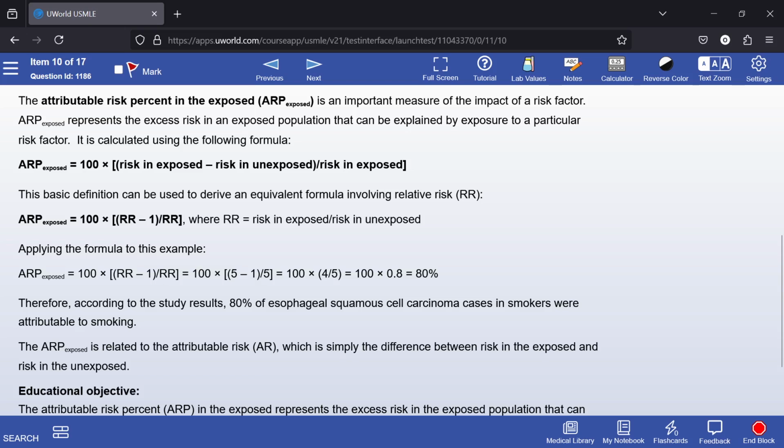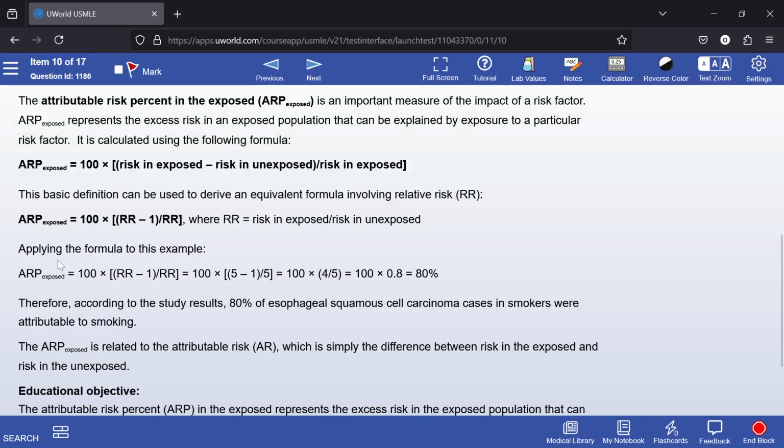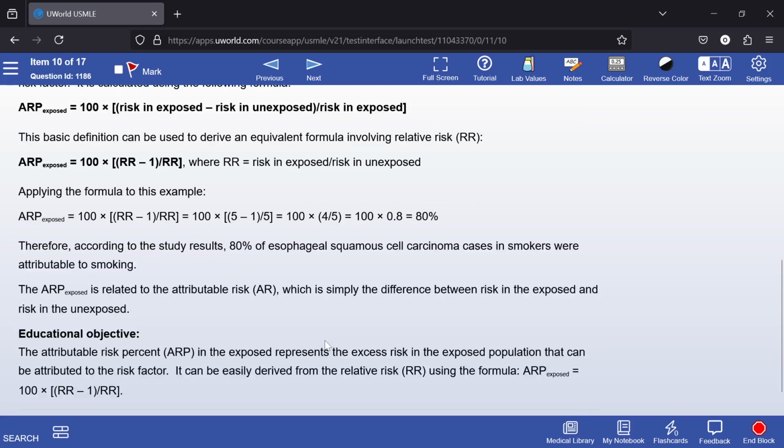They actually want in this question, according to the study, what percentage of squamous cell carcinoma of the esophagus in smokers can be attributed to smoking. So they are talking about the exposed group. So 100 into relative risk minus 1 divided by relative risk, so that is 80%.